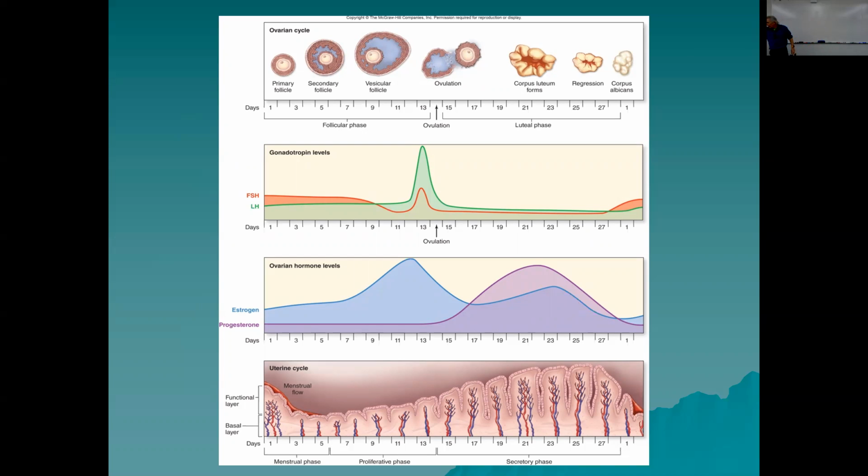So the FSH is high at the beginning of the cycle, and the estrogen is low. And as FSH is made, estrogen rises. This stimulates the proliferative phase of the uterine cycle and starts making secondary follicles in the ovary. And then notice we have a spike of estrogen just before ovulation, near the end of the proliferative phase.